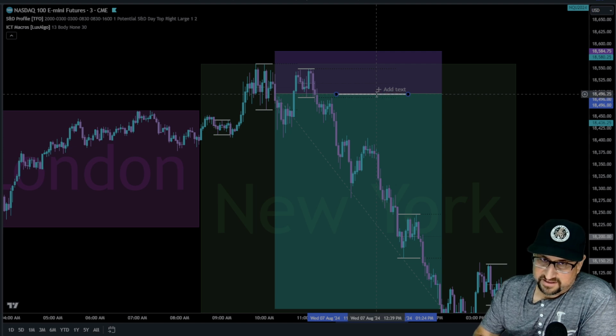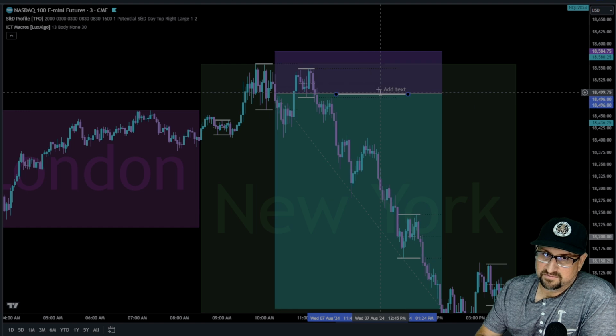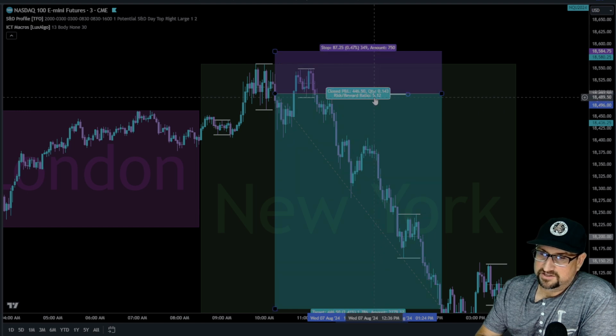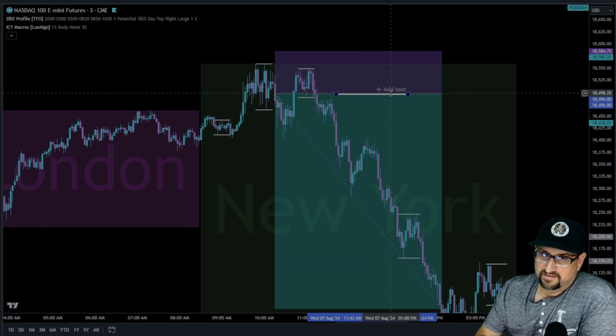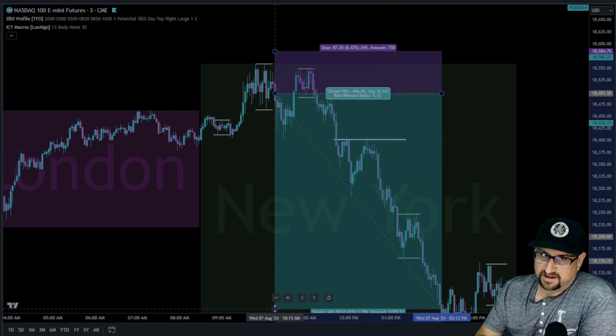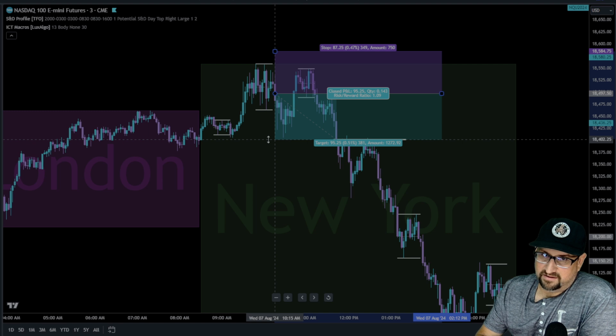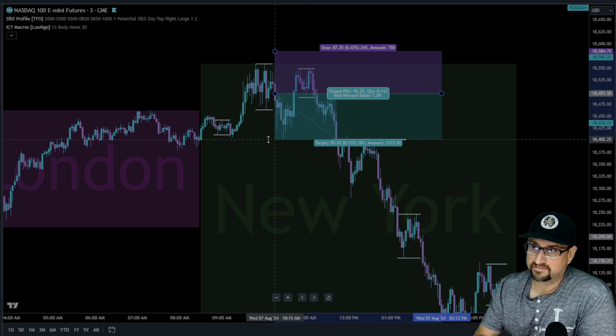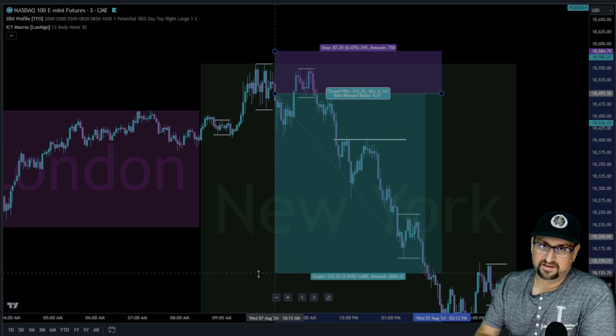I'm careful with this because I don't want to risk my R&R too much. Obviously if I put this right here and then that wick hits me, I don't get this. I get this baby trade now, and I get a 1-to-1. That doesn't cover any losses whatsoever. Yeah, it's a winner, but it doesn't cover any losses.